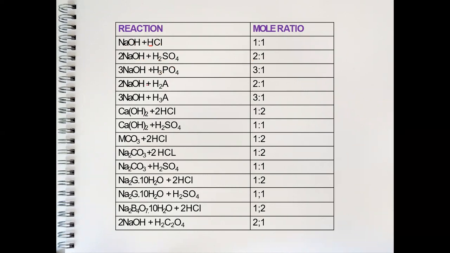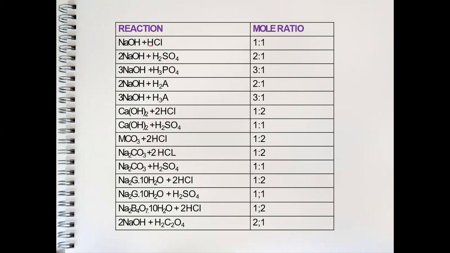Sodium hydroxide plus dibasic acid, that is 2:1. Sodium hydroxide plus triacid, that is 3:1. Calcium hydroxide plus hydrochloric acid, 1:2, and it goes on like that.